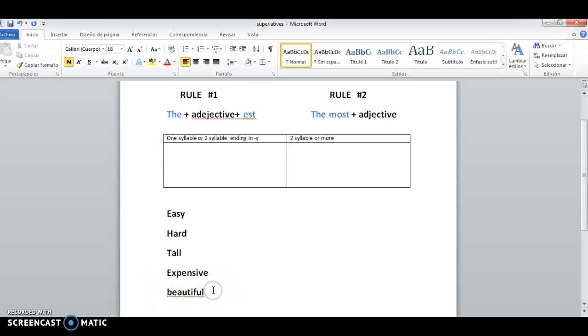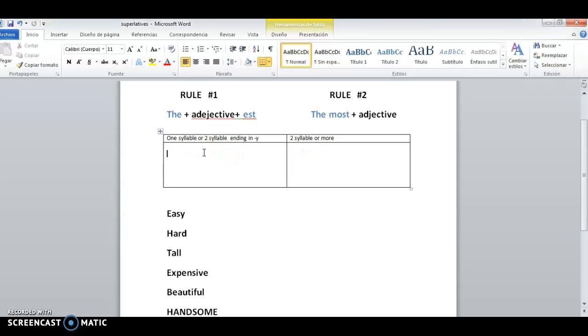Okay, if you have something like handsome. Okay, it has 2 syllables and we don't have a letter Y at the end, so the rule that we're going to apply would be rule number 2.